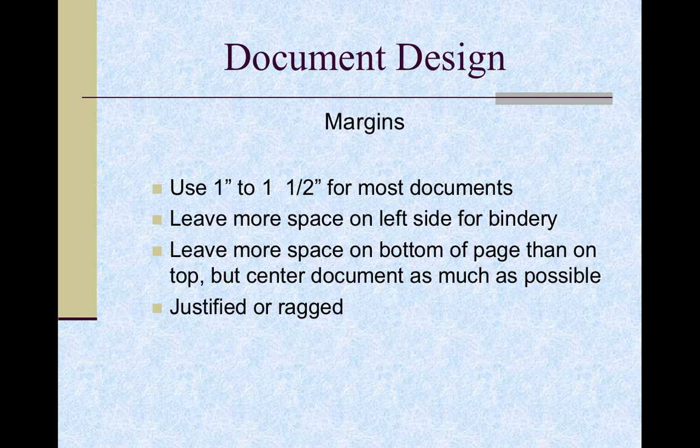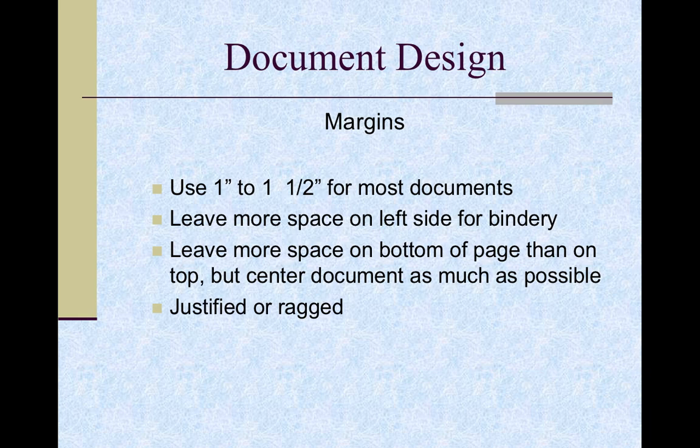Another decision you would have to make in relationship to margins is whether or not your margins are going to be justified or ragged. For example, on this slide, the text is left justified. In other words, by justified, I mean it has an even edge. All the words are evenly aligned.